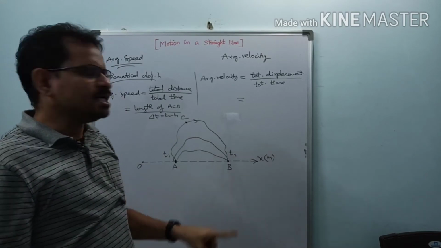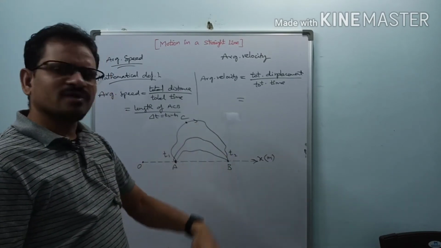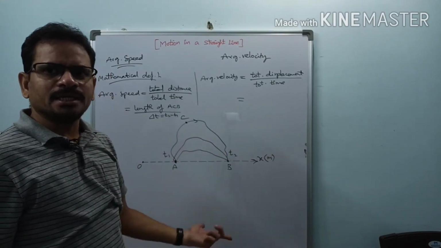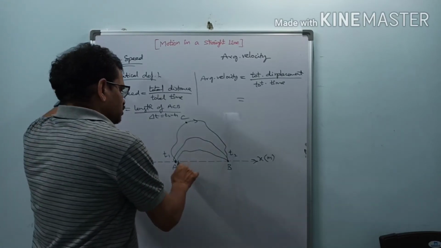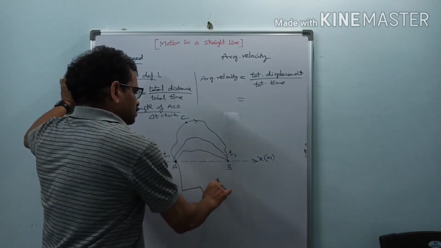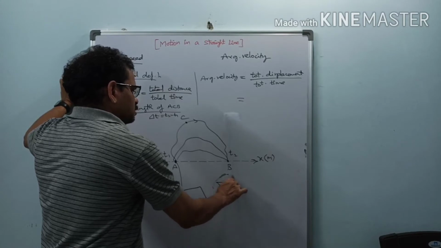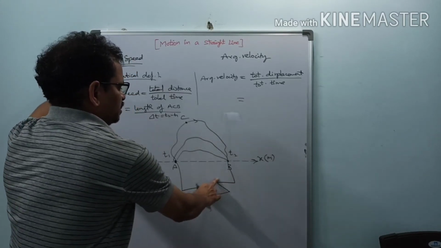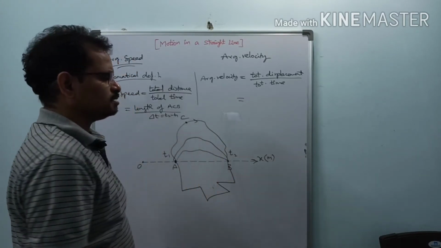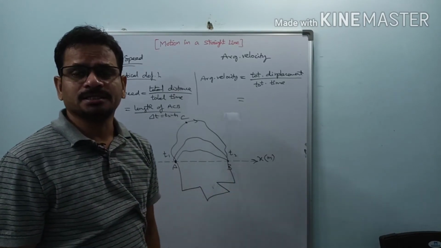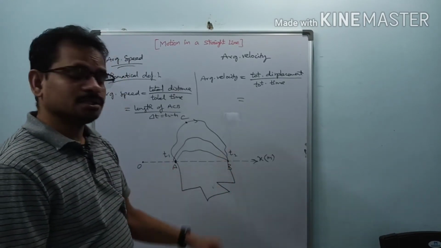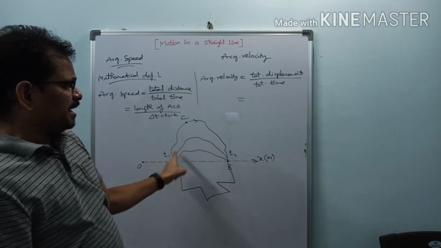So between 2 points we can draw a number of curves, a number of lines, either rectilinear or curvilinear lines. Suppose you draw this, a rectilinear line. See here, there are no curves. Such types of lines are known as rectilinear lines. A particle can move on this path also. Let it be any path here.